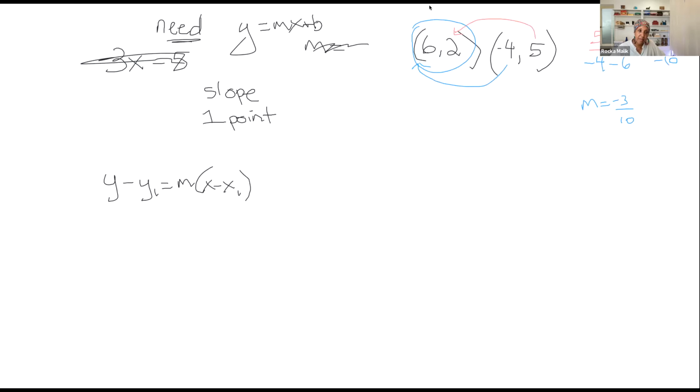So y minus y1 equals my slope, -3/10, times x minus x1.